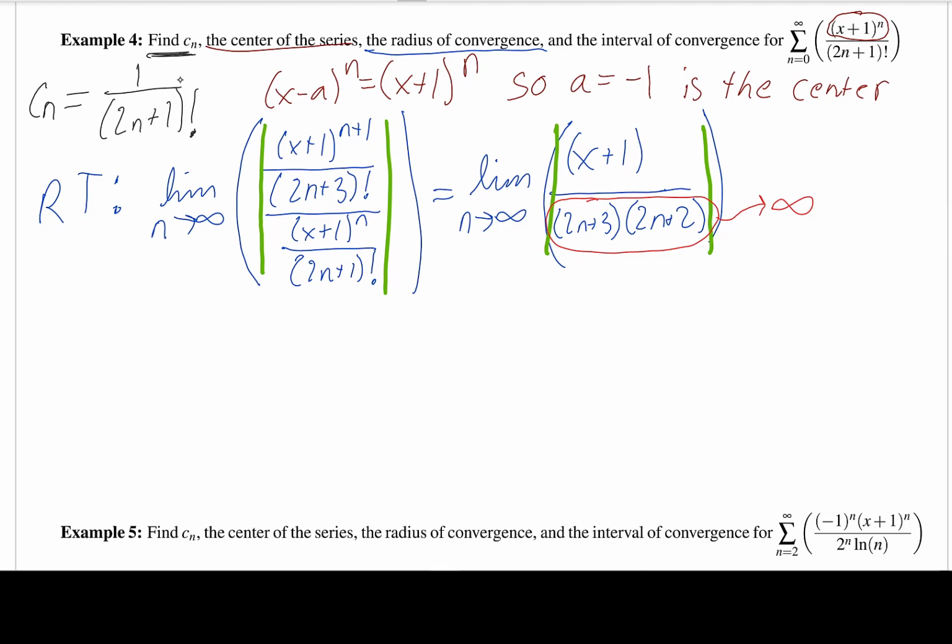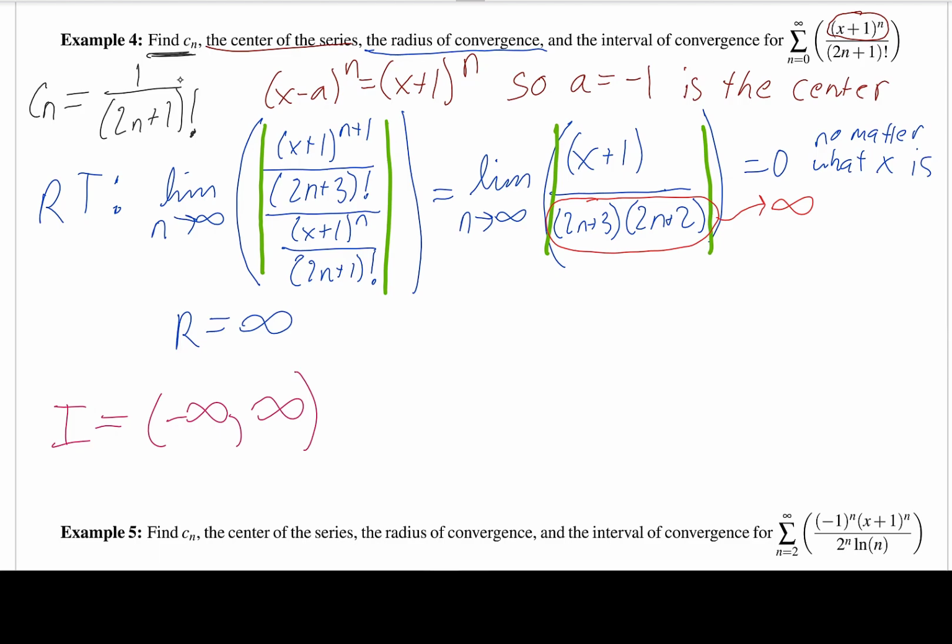So you can think about this as a constant over infinity, which is going to be equal to 0. So this equals 0 no matter what x is. And so what this tells me is that our radius of convergence is going to be infinity, which means that my interval of convergence has to go from -infinity to infinity.